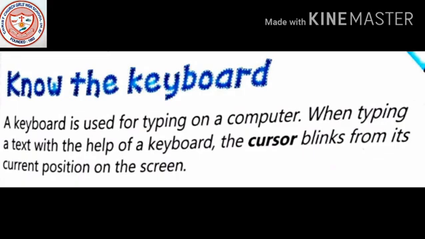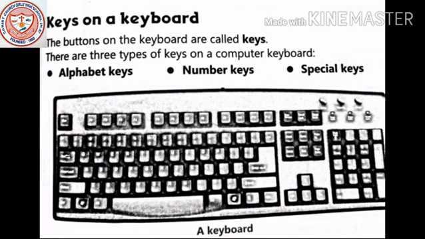A keyboard is used for typing on a computer. Just now I have said. It is used for typing a text or giving instructions to a computer. When we type a text with the help of a keyboard, the cursor blinks.